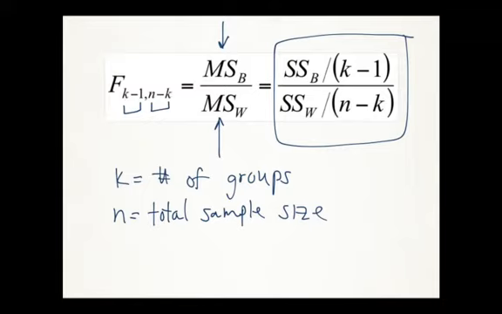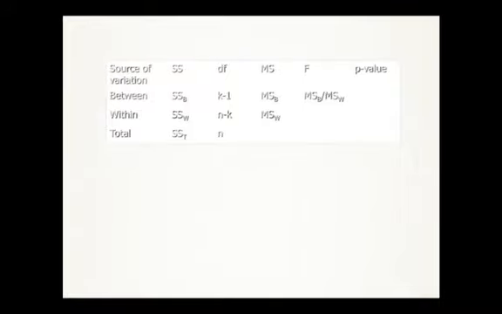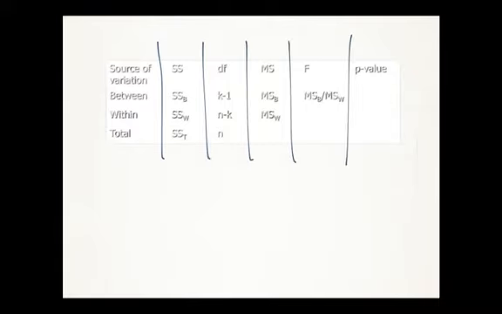And so based on all the things that we've looked at, we can now construct an ANOVA table. Lots of statistical software will show you ANOVA tables. So let's see what that looks like. An example of an ANOVA table. Okay, here's an example. It's easier to see if we just add these lines.